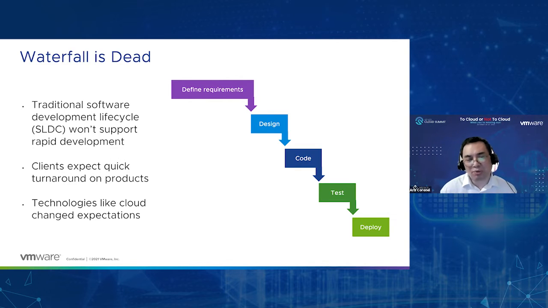Clients now expect quick turnaround. They don't want to wait months to see their needs met. In fact, they want to have defects, bugs fixed in days. And to add to that, technologies like cloud is also changing, raising the expectations for development teams.